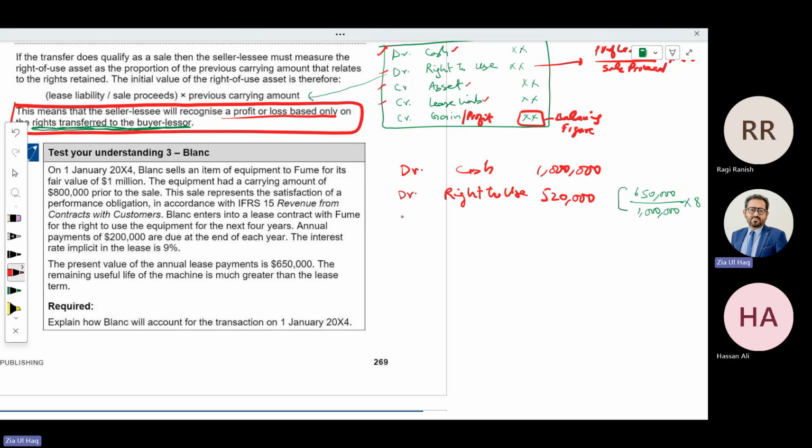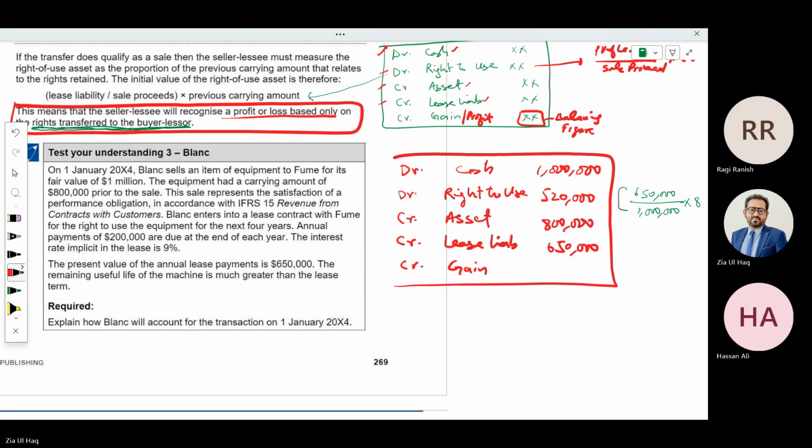Yeah. Now we need to credit what? The asset at its carrying value, that is 800,000. We need to credit lease liability with its present value, 650,000. And we need to credit gain or profit, that is the balancing figure. Please give me that figure. This balancing figure is 70,000.